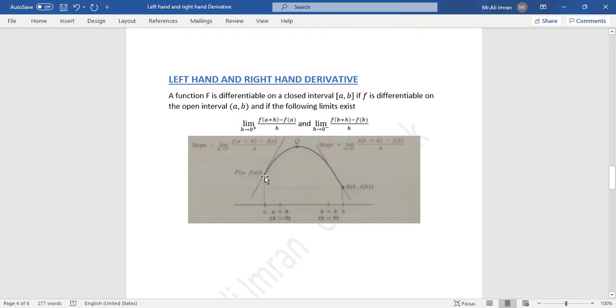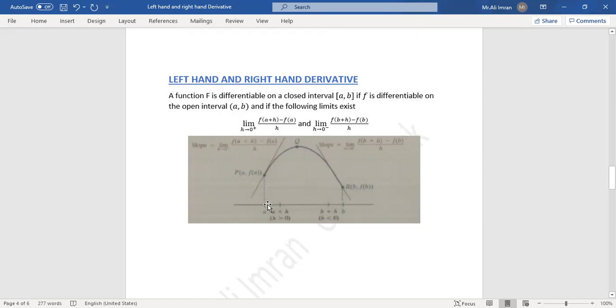At a, we will find the right hand limit. It means that we will approach the limit x equal to a from the values greater than a. This means that we will approach the limit from the right hand side, as from the left hand side there is no path.